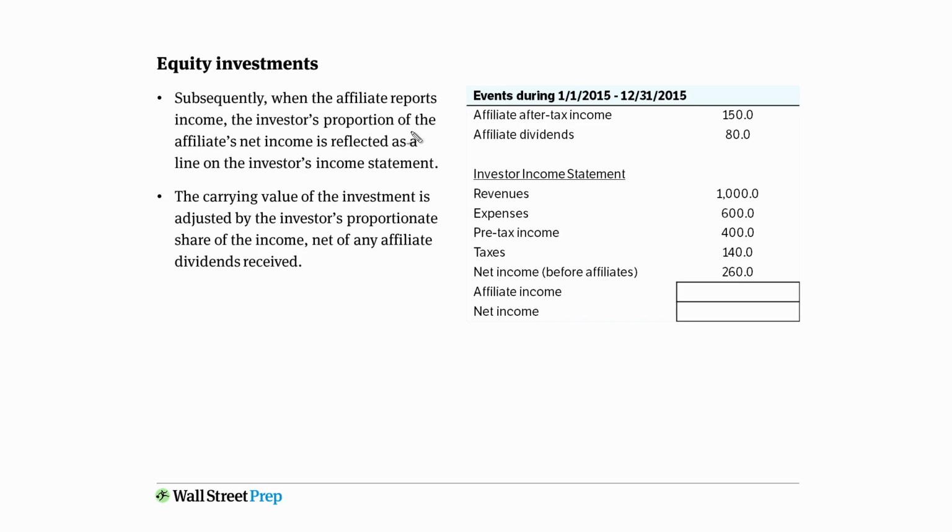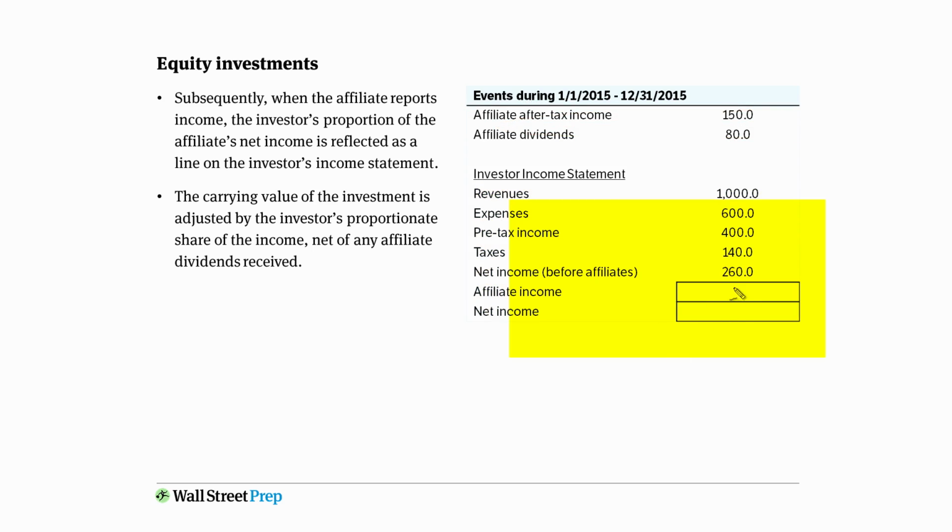When the affiliate reports the income, the investor's proportion of the affiliate's net income is reflected as a line on the investor's income statement. What we see on the investor's income statement is revenues, expenses, pre-tax income, taxes, etc. But in addition to just the investor's income statement, we also have to account for our proportionate share of the affiliate income. If the affiliate has generated $150 million in after-tax income, our proportionate share of that net income is 25% of that.